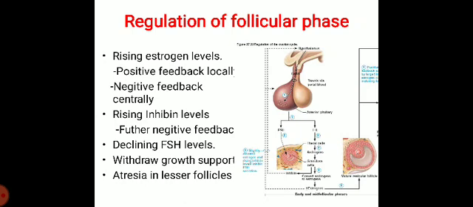Now this inhibin has a negative feedback effect. With negative feedback, the hypothalamus secretes less gonadotropin releasing hormone, less FSH is secreted, and less luteinizing hormone is secreted.